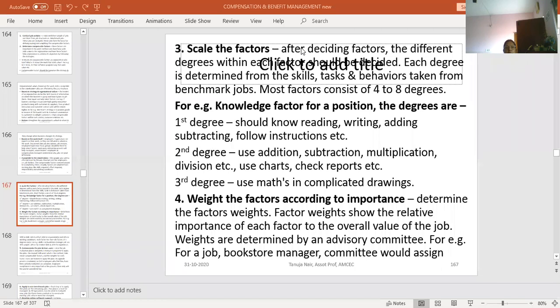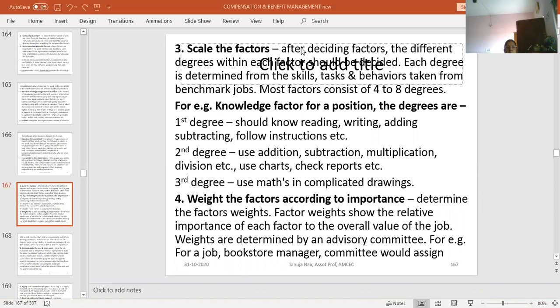So here if you see the knowledge factor, the compensable factor, if it is very important for a job, you will give it third degree. If it is least important for a job, you will give it first degree. So like that, you have to determine degrees for each factor.